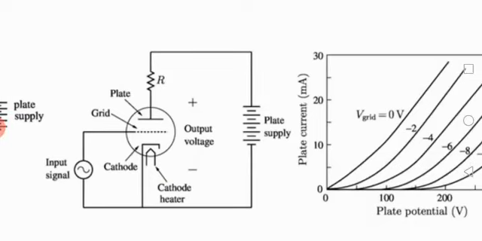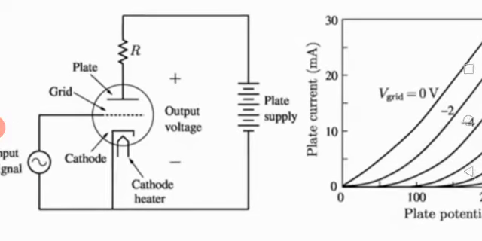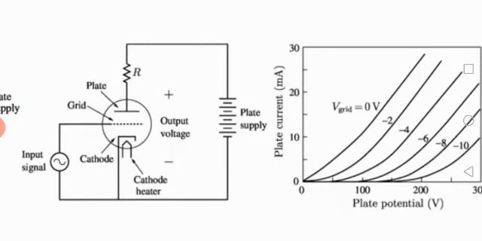If we are applying some negative grid potential here, then you can see the grid potential will repel the electrons, as we know by the basic electrostatics. Same kind of charges repel each other, and different kinds of charges attract each other.